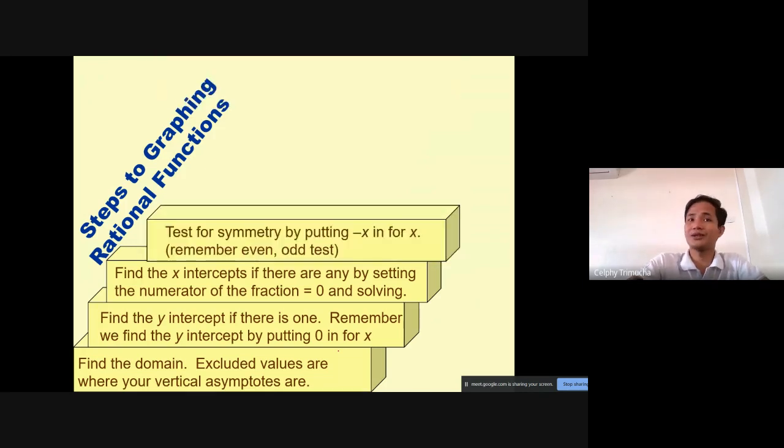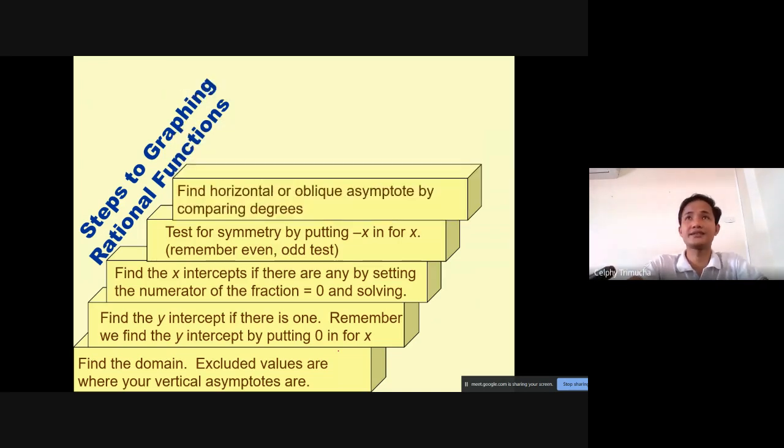Next, test for symmetry. We go back to the concept from our second tutorial session, wherein we test the symmetry of our equation by replacing x with negative x. Remember the even and odd test of the equation. Next, we have horizontal or oblique asymptotes, by comparing the degrees.